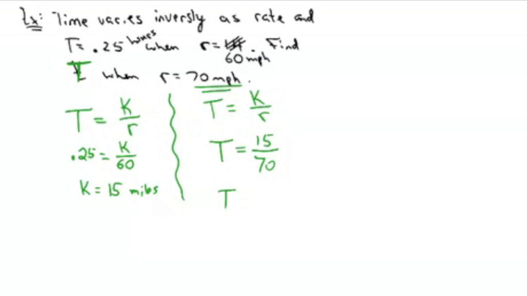So what's 15 divided by 70? 0.214. All right, that's hours, by the way. How do I convert that to minutes? Because I have no idea what the heck 0.214 hours is. How would you convert it to minutes?